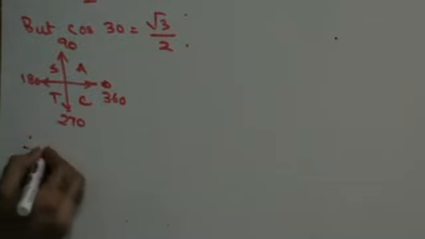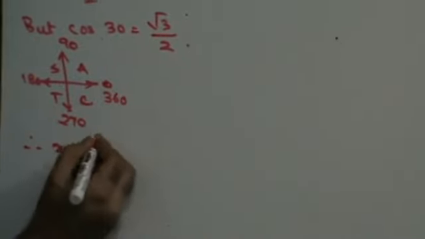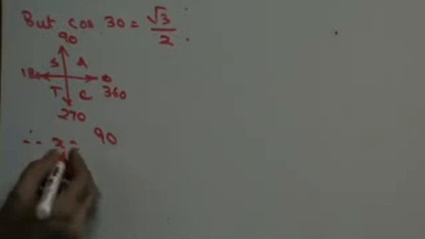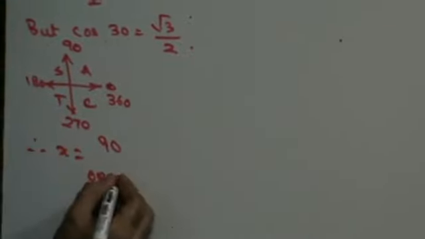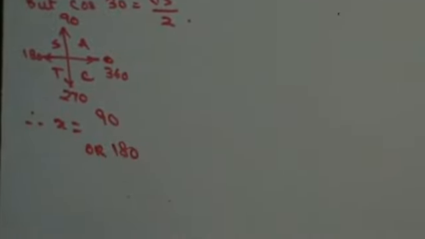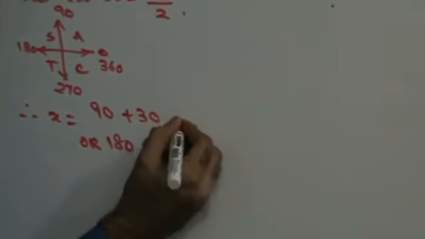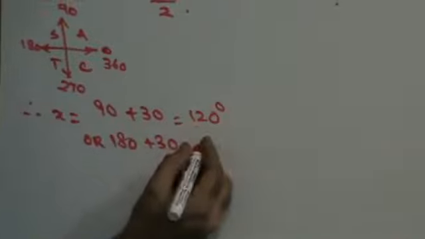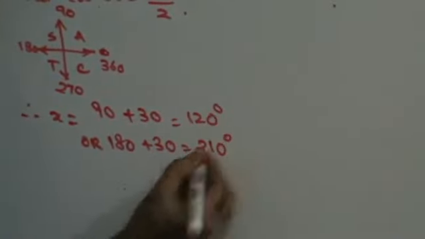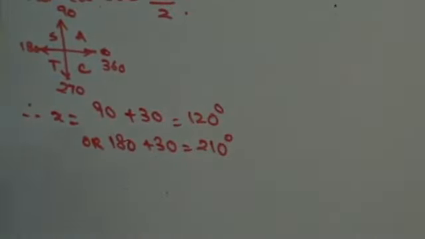So I can say that x, the second quadrant starts from 90 degrees, or the third quadrant starts from 180 degrees. We said that cos 30 is root 3 by 2, so this is 90 plus 30 or 180 plus 30. So 120 degrees or 210 degrees. Do we understand this?